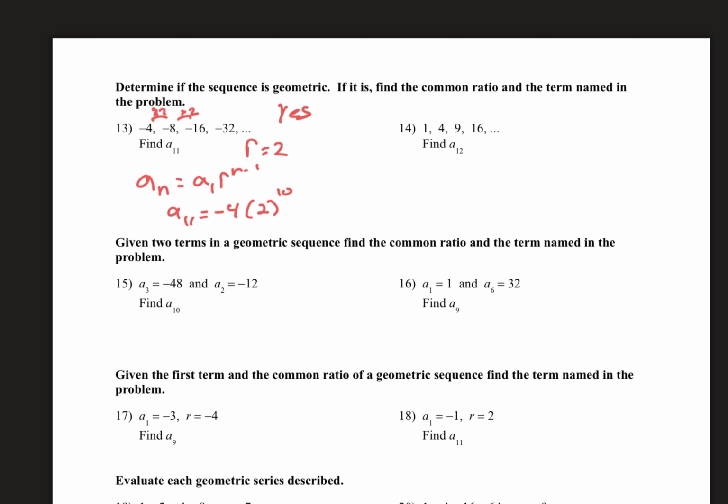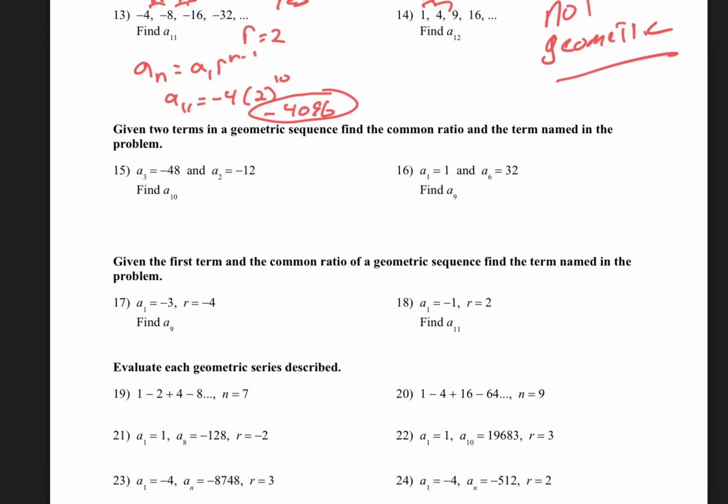Negative 4,096. Times 4. That's not times 4, so not geometric.